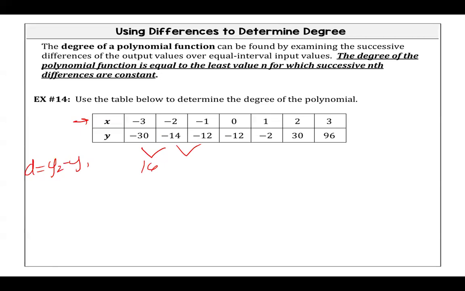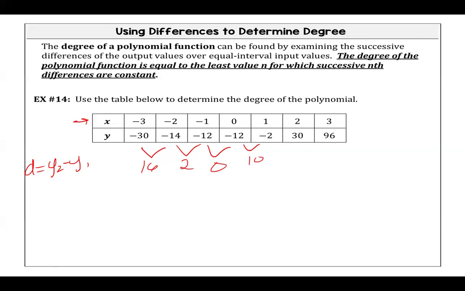So negative 12 minus negative 14, which is negative 12 plus 14, would be a positive 2. Now we're at negative 12 minus negative 12. What is that? 0. Now we have negative 2 minus negative 12. It's going to be a 10.